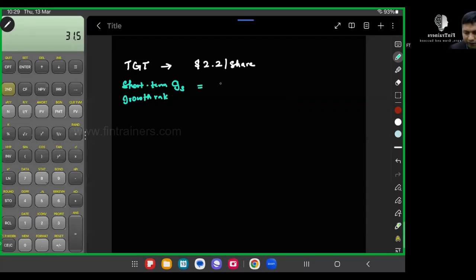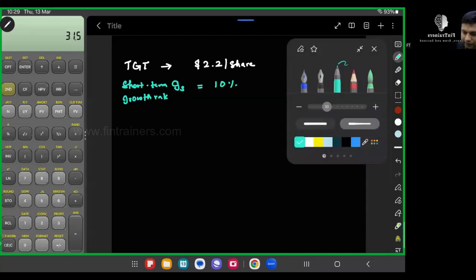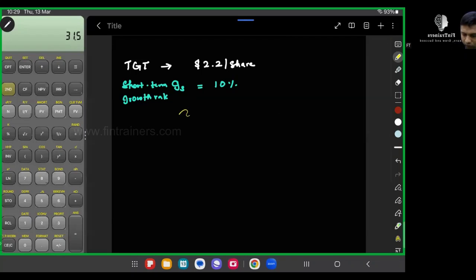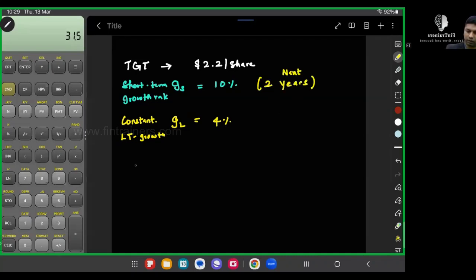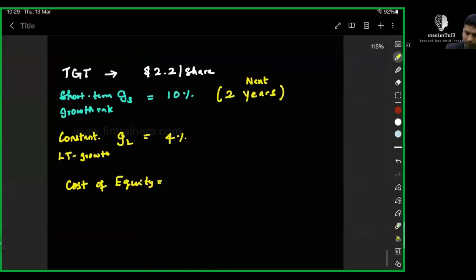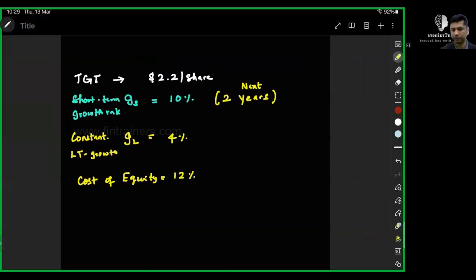My short-term growth rate is 10%, and my sustainable long-term growth rate, that is my constant long-term growth rate, is 4%. This short-term growth rate, we will assume for the next 2 years. My cost of equity is 12%.